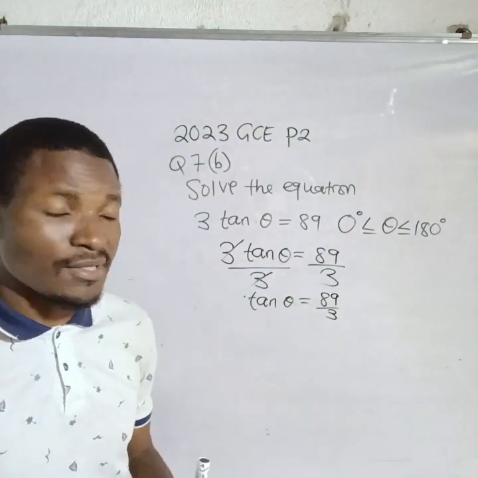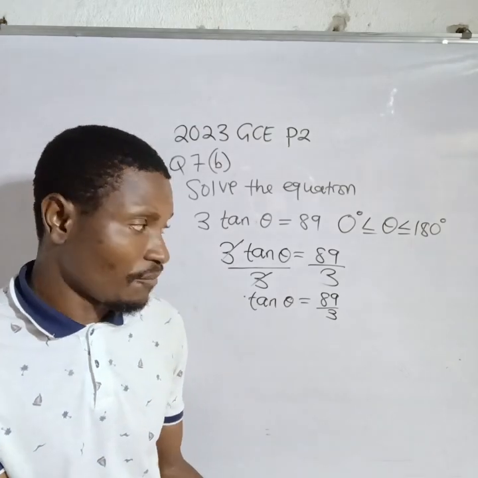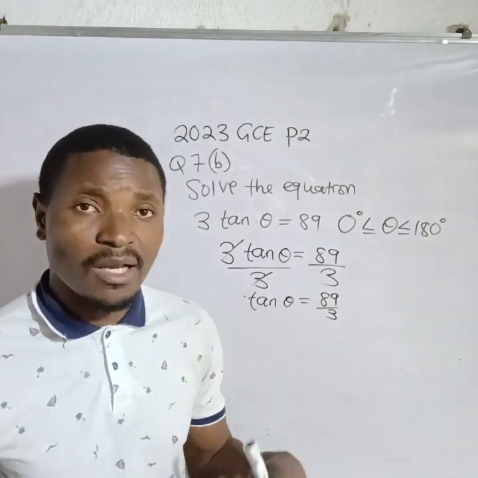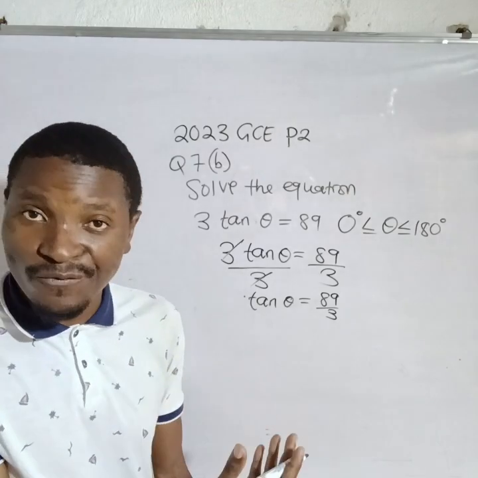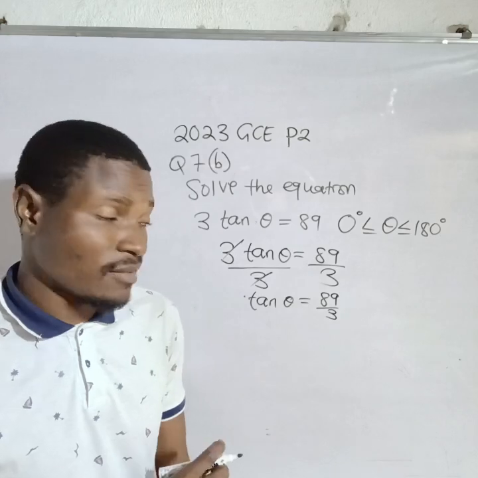Now, at this point, I have to find the actual theta, not tan theta. So what am I supposed to do? Each time we are dealing with angles, all you have to do is find the inverse of that function, the inverse of this tan function.